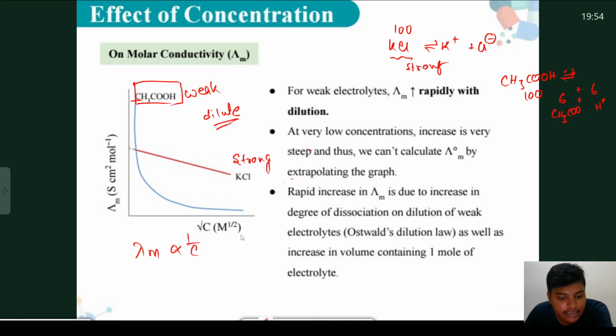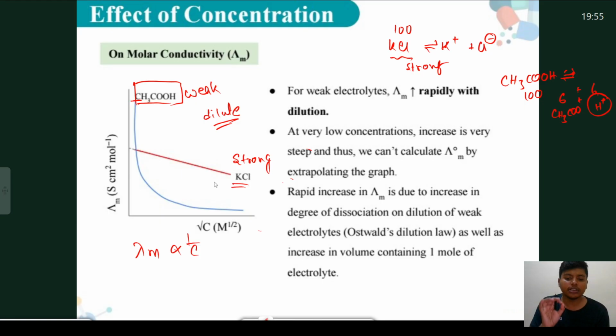Now why does it decrease exponentially? Because when you increase the concentration, the H plus concentration will decrease. Yes or no? In the solution, the H plus will interact with water. So the conductance will decrease exponentially, more than for a strong electrolyte.